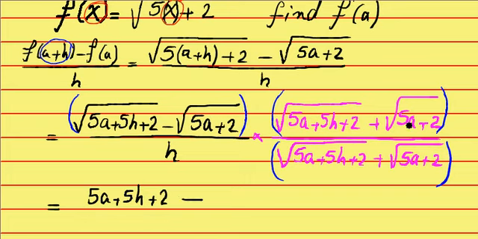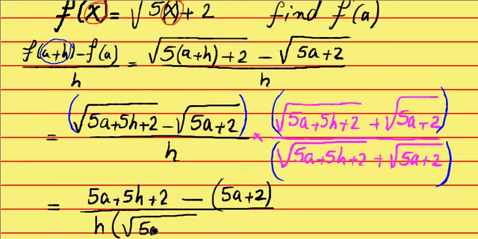This radical times that one makes the radical go away. I am careful about my parentheses. If I make a mistake on that, the whole problem is going to break down. Then h times radical first 5a plus 5h plus 2, and the second 5a plus 2.